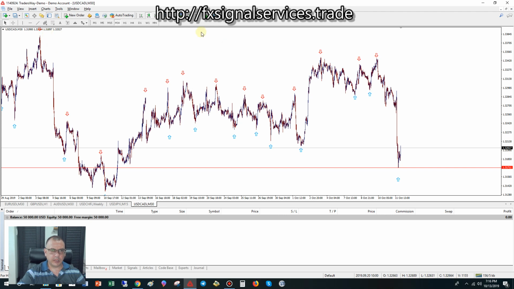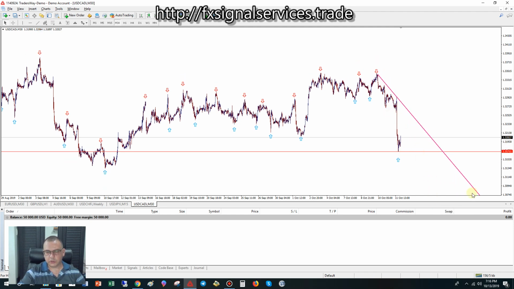If you look here on a 30-minute chart, and I draw a trend line coming down like this, then this is not 100% guaranteed, but this will mark an immediate downtrend. I think the price is going to shoot back up here, come down, and go down even further. It's going to follow this trend line even further down. But that's just speculation at this point.